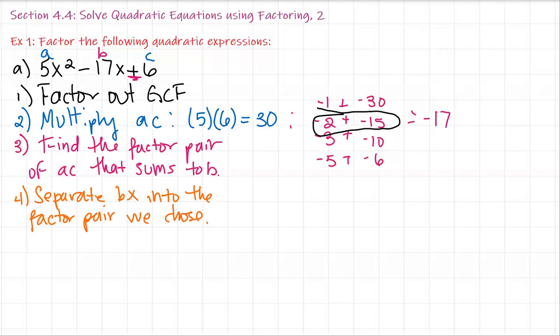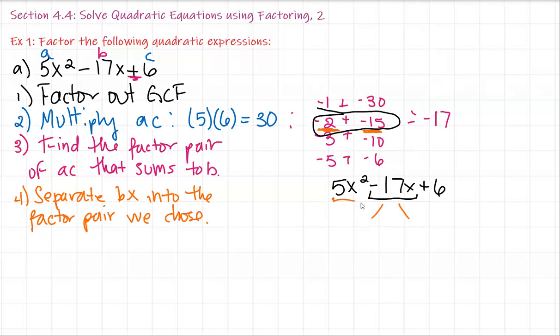All right, what do I mean by that? I mean, we're going to take our quadratic expression, 5x squared, minus 17x plus 6, and we're going to take our negative 17x, our middle term, our bx term, and split that apart into negative 2x and negative 15x.